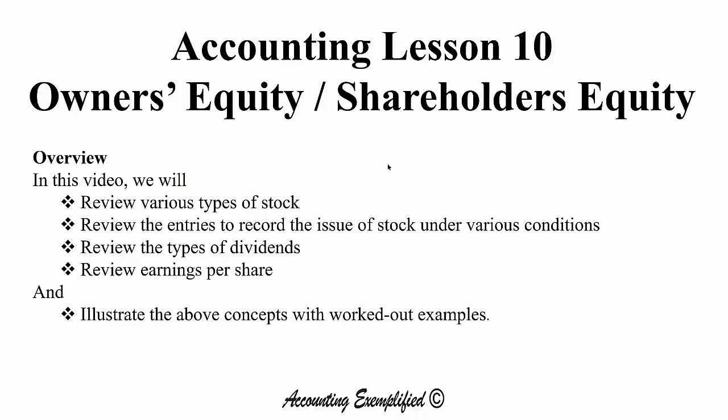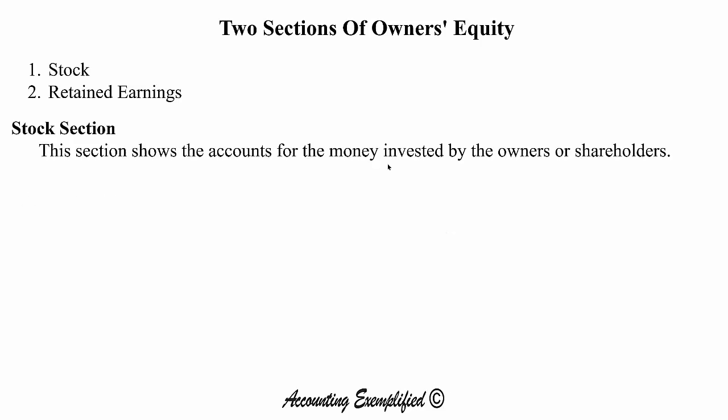Okay. Now we will review the concepts related to the accounting of stock issues. Now, in the owner's equity, there are two main sections: stock and retained earnings. And you all know what retained earnings is. Now, under the stock section, there are accounts for the money directly invested by the owners or the shareholders.